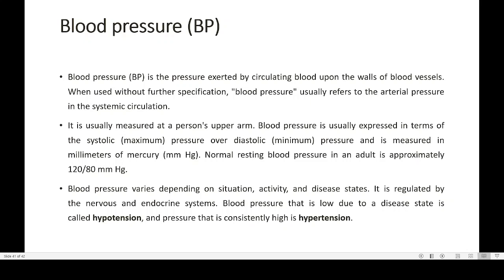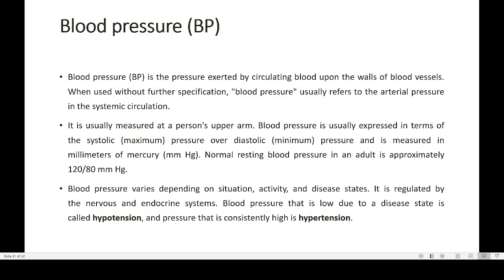It is usually measured at the person's upper arm, here. And blood pressure is usually expressed as systolic pressure over diastolic pressure. There are two types of pressure. When the heart is pumping blood, more blood reaches the blood vessels, so the volume of blood in the artery is more and the pressure is also more.